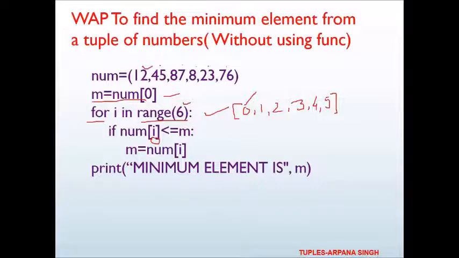Num0 is 12. 12 less than or equal to m. It will take up one element each time from the tuple and compare it with m. If it is lesser than m, m will be replaced. Any element which is lesser than m will replace the value stored in m. So finally at the end of the loop, m will have the smallest element from the tuple.